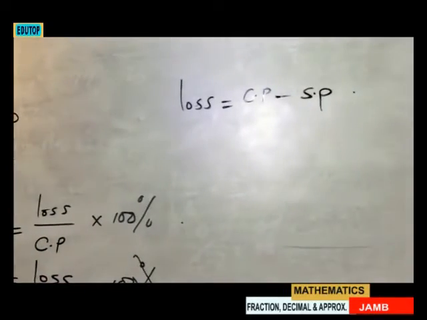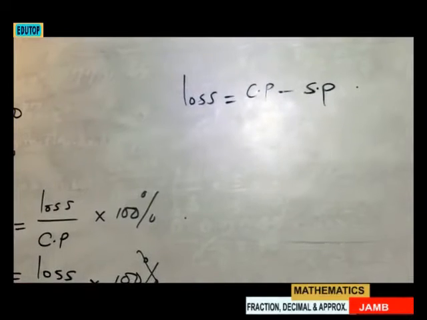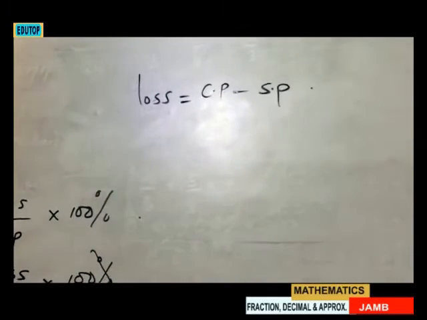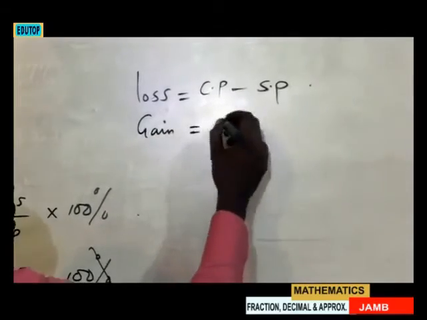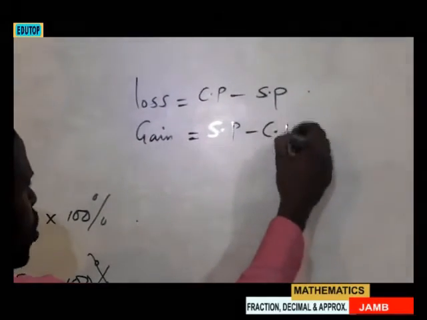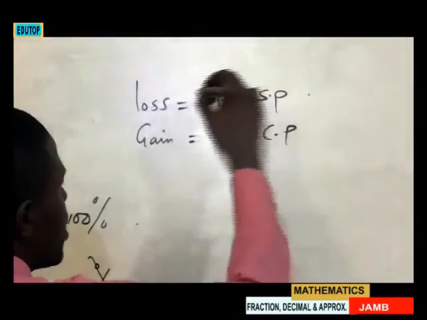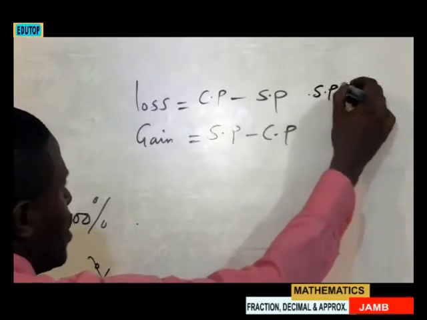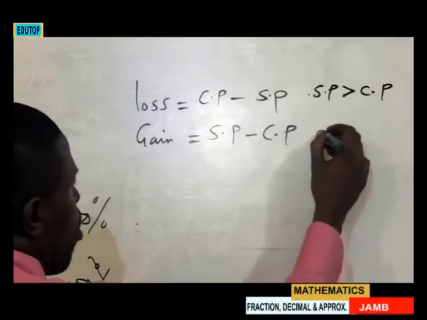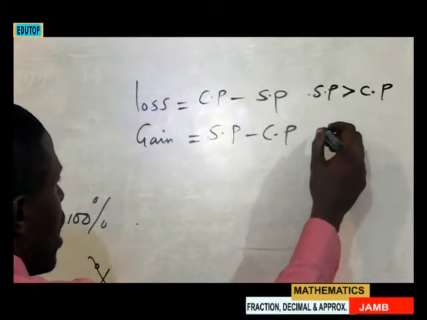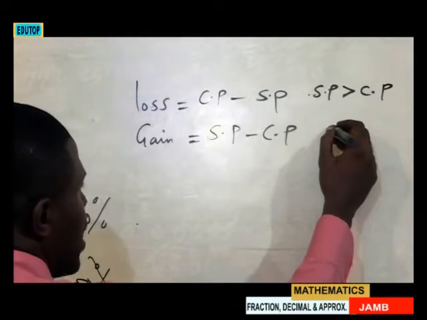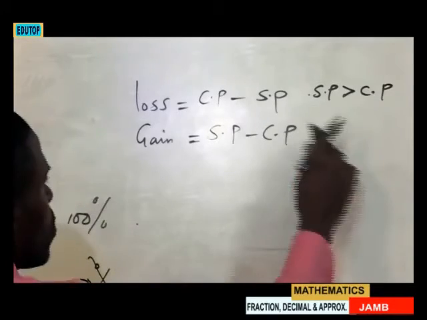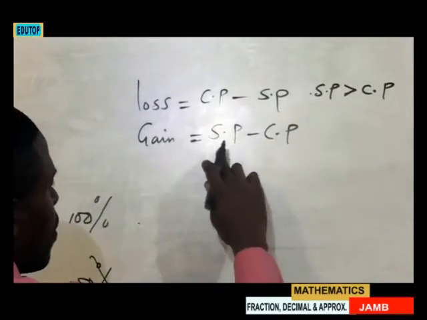That means loss is cost price minus selling price, but gain is selling price minus cost price, because in loss selling price is greater than cost price, but in gain we have cost price.